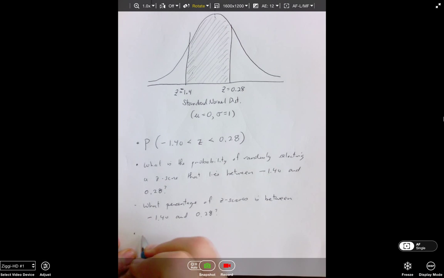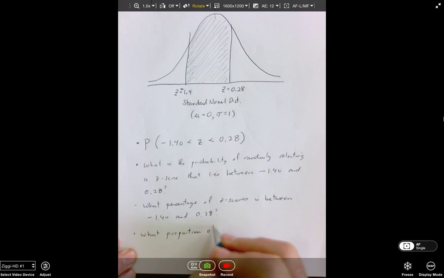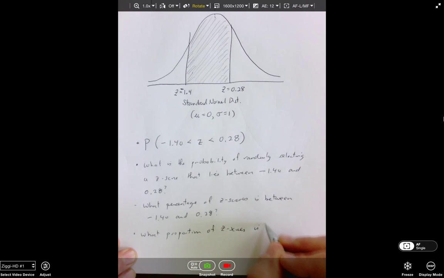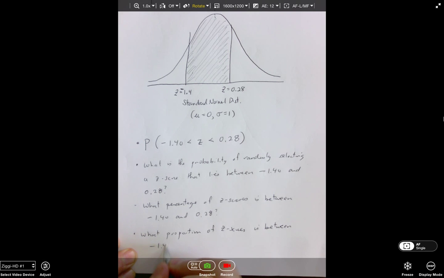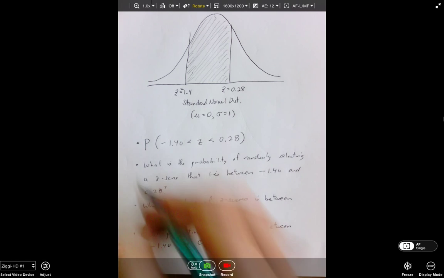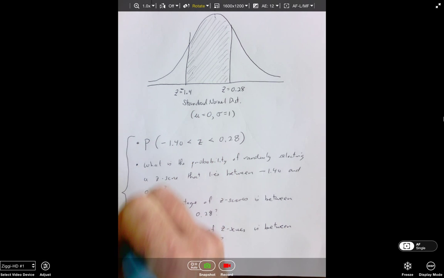We could also ask what proportion of z-scores is between negative 1.40 and 0.28. Guys, all of these are equivalent.